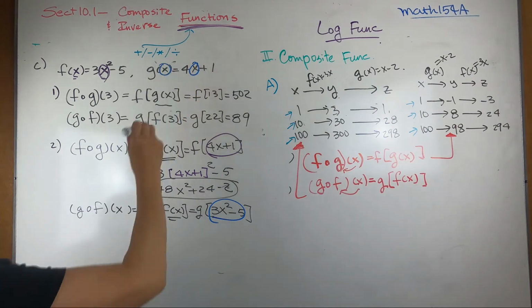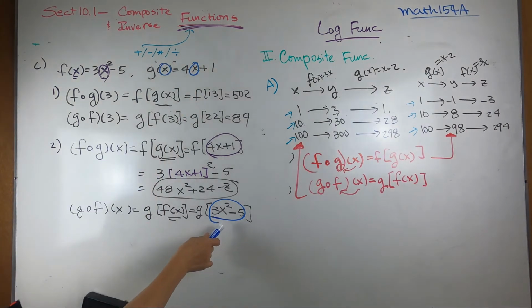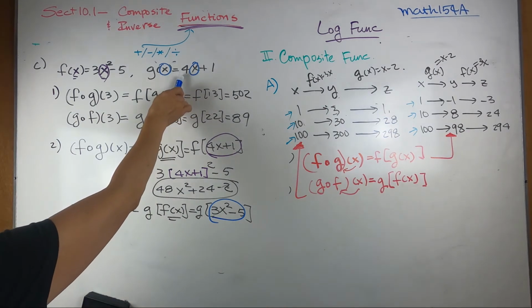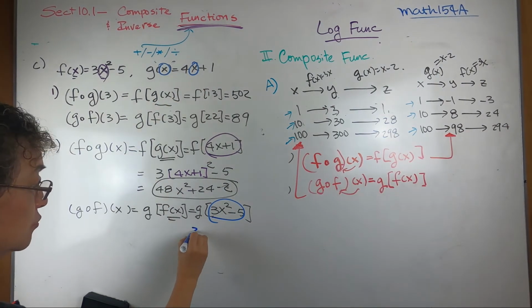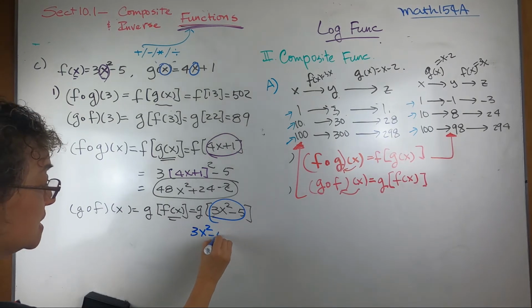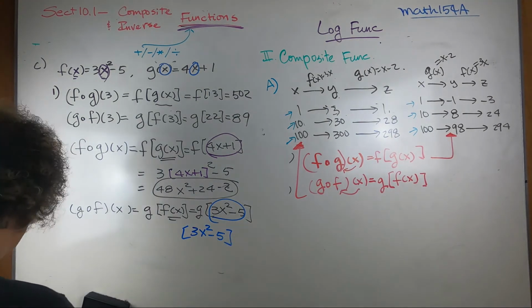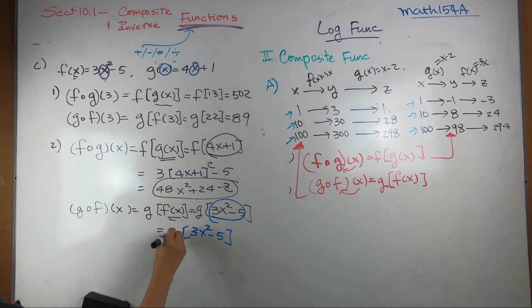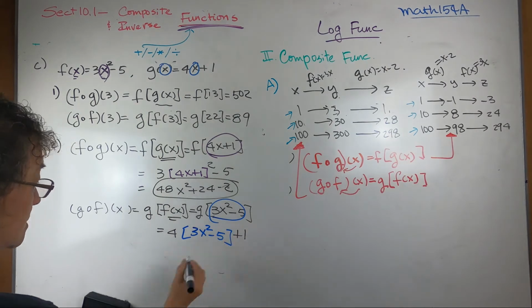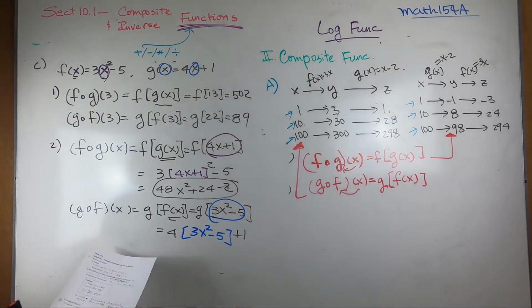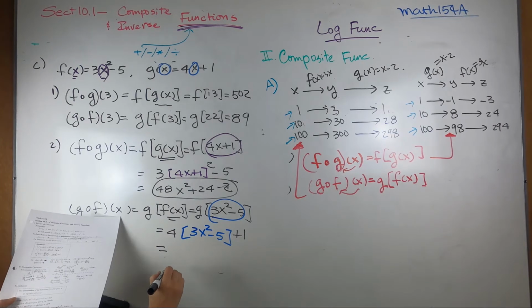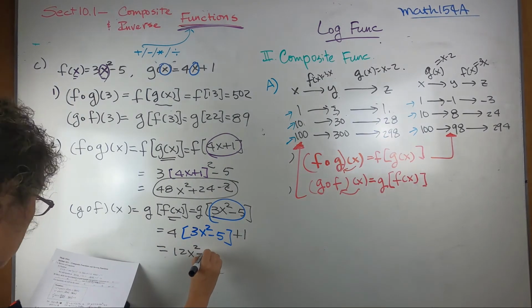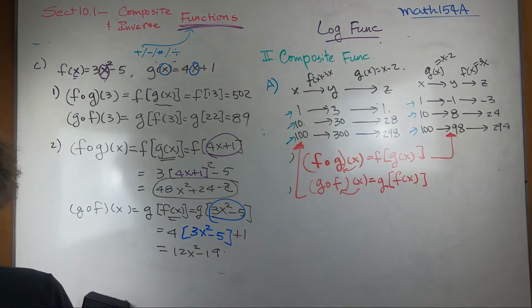Then G says, whatever you give to me, I'm going to multiply by 4 and add 1. So what do we have? We have 12x squared minus 19, right?